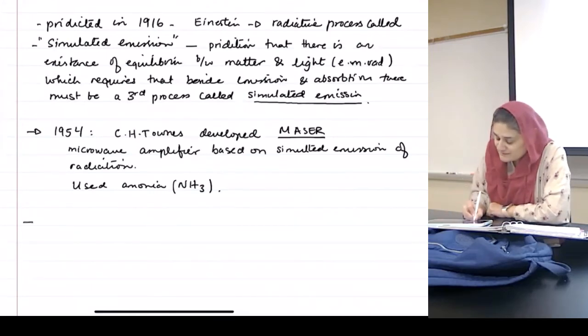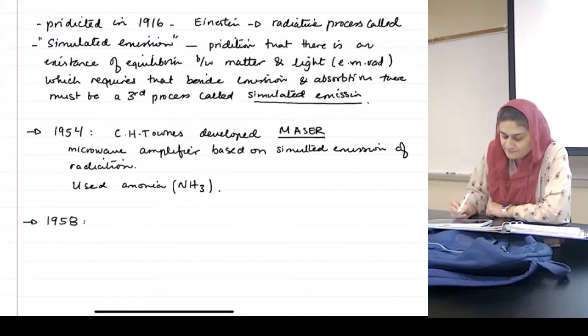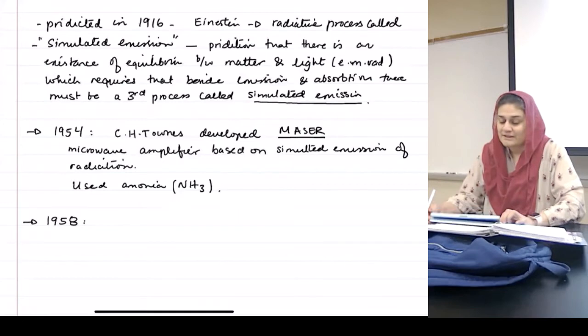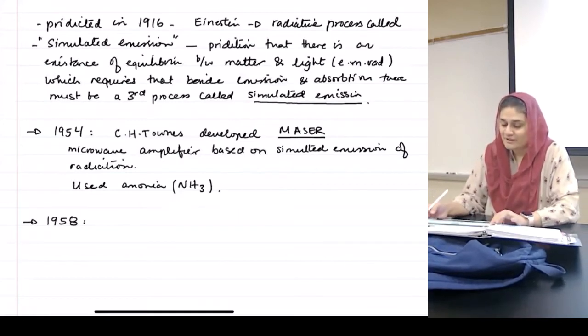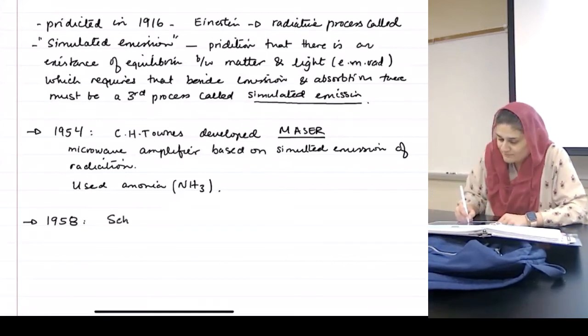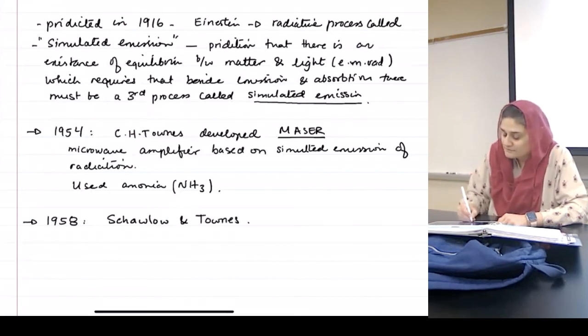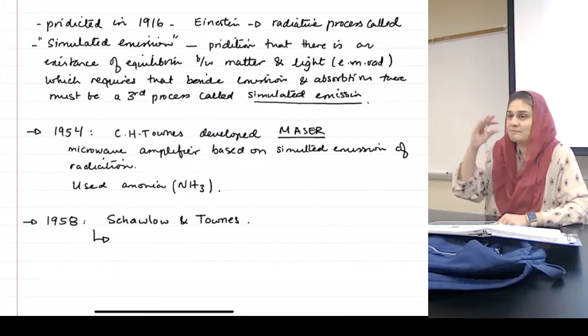The next big thing that happened was in 1958, when, in addition to Townes, another guy called together adapted masers for light in the visible region, in the optical region.